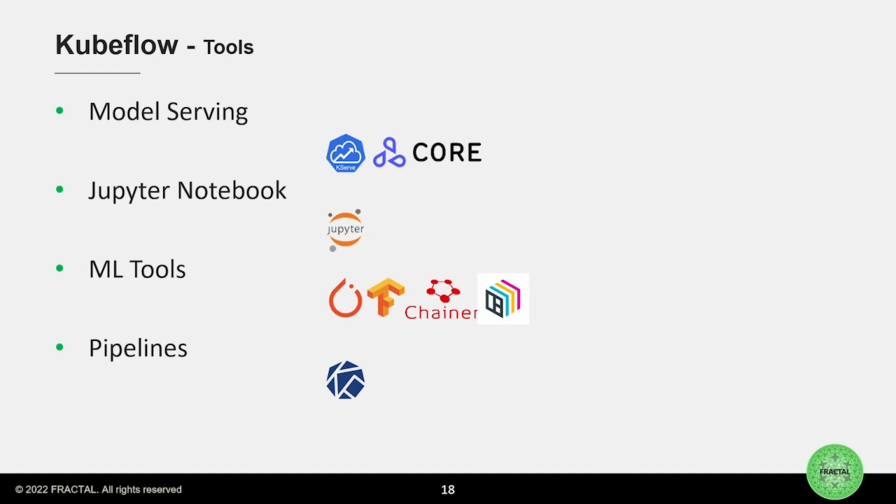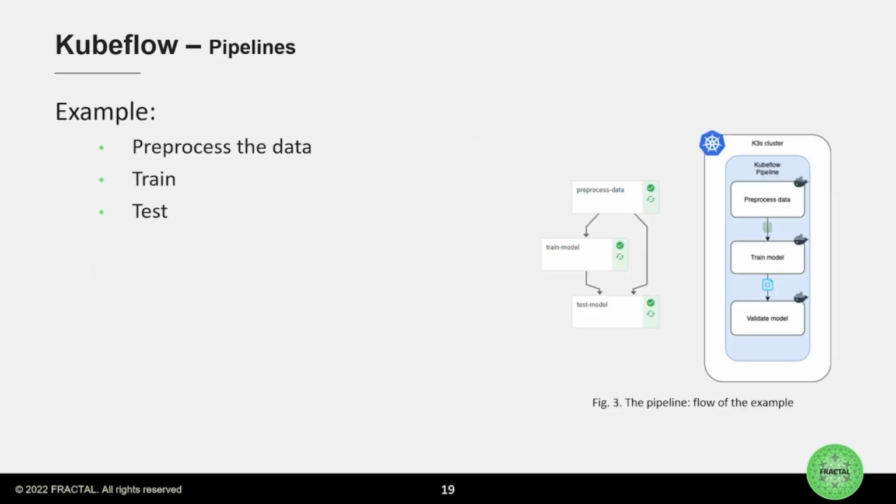In this slide, you can see more or less a couple of famous machine learning tools which are available in Kubeflow. As an example, you can select between KServe and Seldon Core for model serving. Even more, we have used MLflow to store the model from the Kubeflow pipeline. Here is an example where we have a pipeline in which exist three modules.